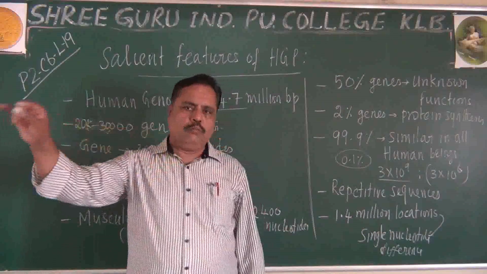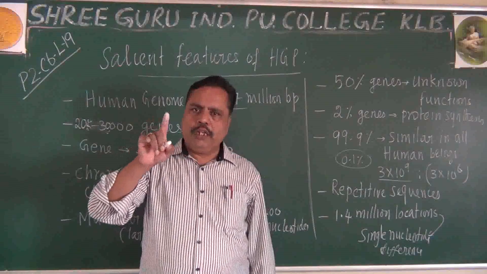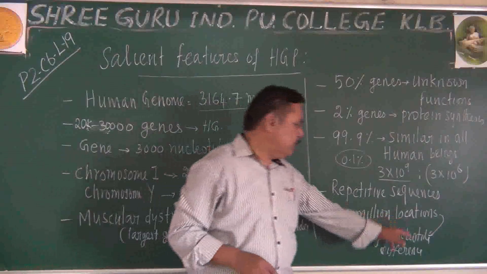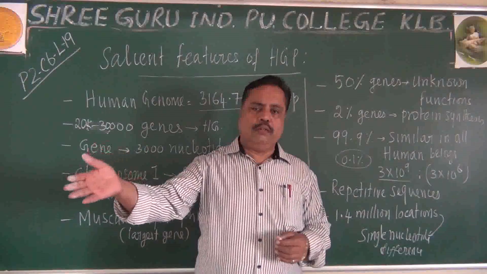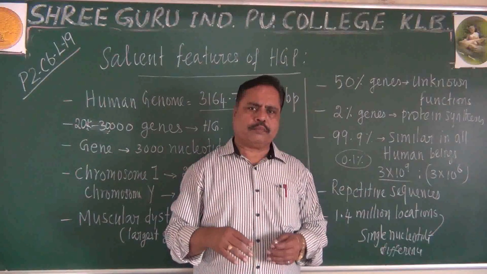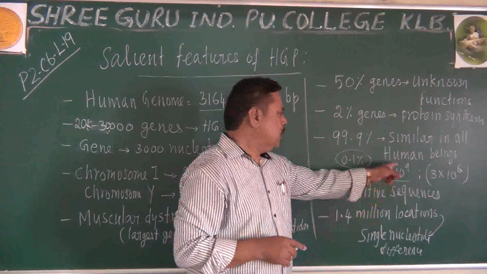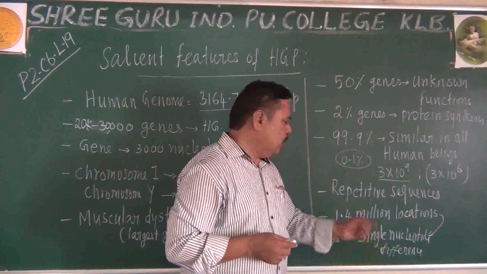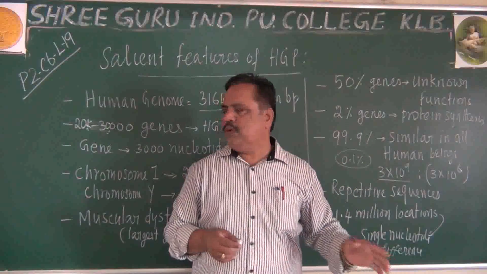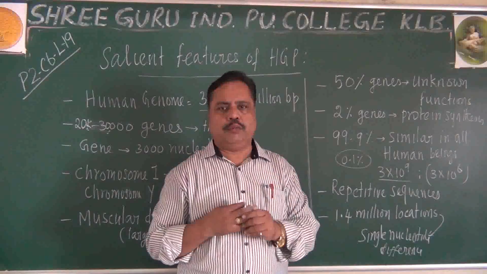In our genome of 24 chromosomes, in 1.4 million locations, we differ by only one single nucleotide. As we have seen in sickle cell anemia, we differ in only one nucleotide. That also comes under this 0.1% only.